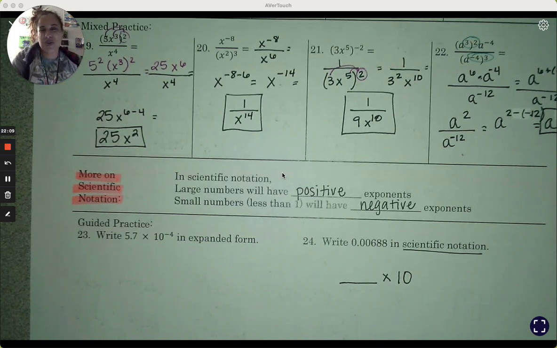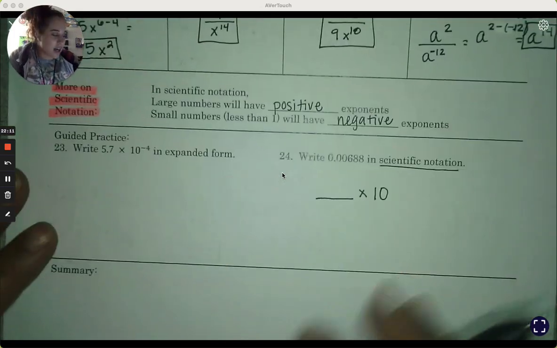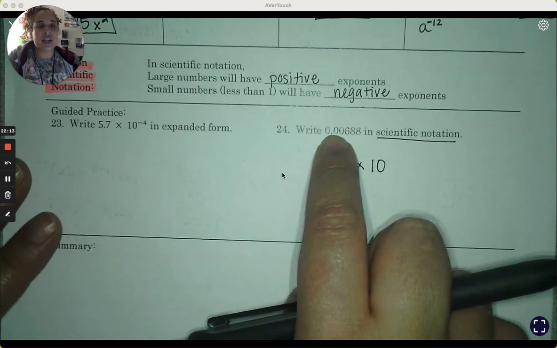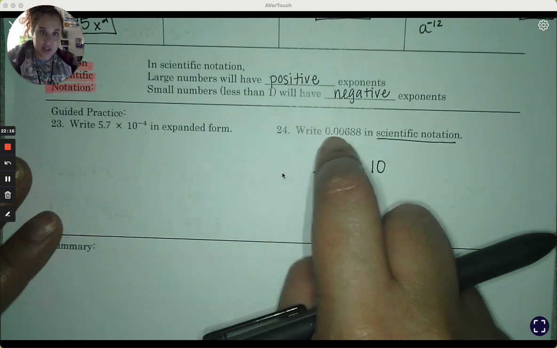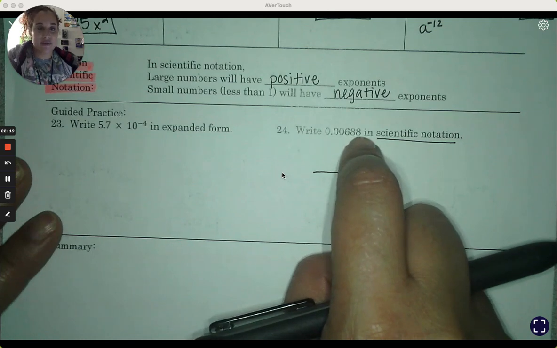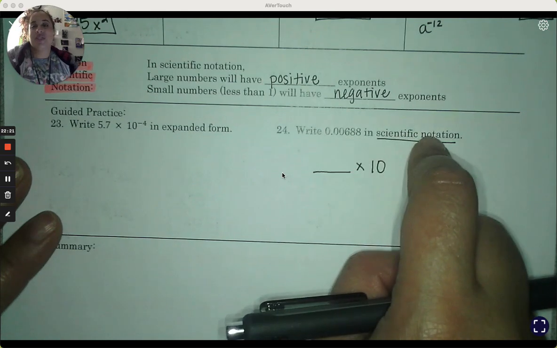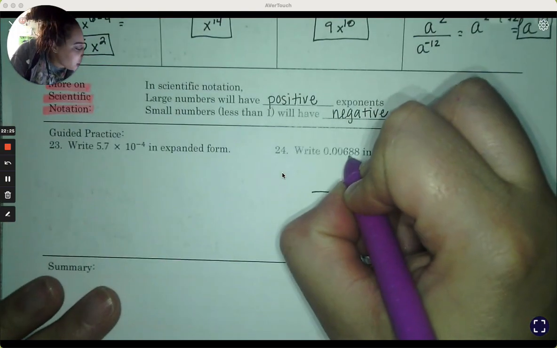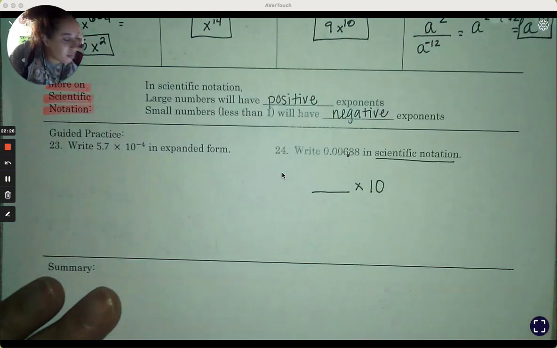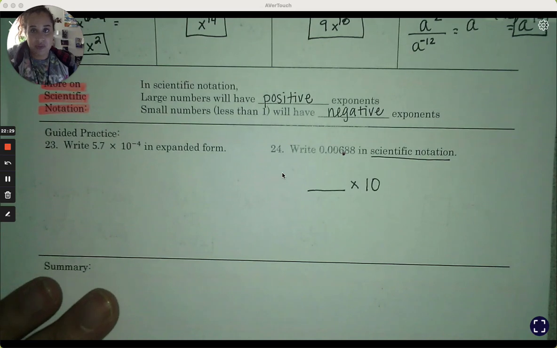Okay, so I'm going to do 24 first. Right now, 24 is written in expanded form. So this 0.00688 is expanded form. We want it in scientific notation, so I want to shorten it up, which means I want to move the decimal between the 6 and the first 8.